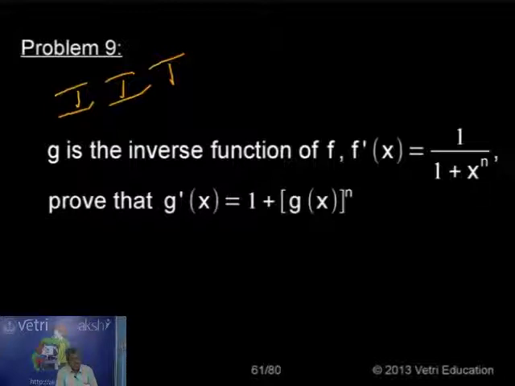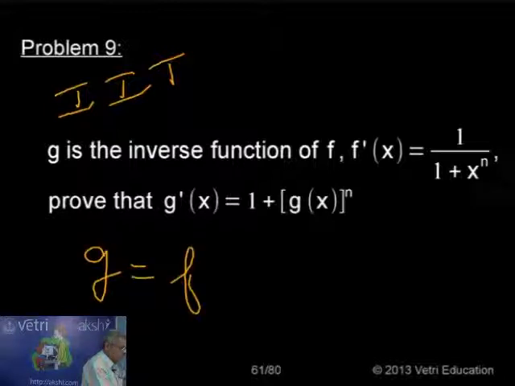These are not direct problems; they are indirect problems, but you must know how to solve problems of this kind. That's very, very important. G is the inverse function of f, or f inverse is G.